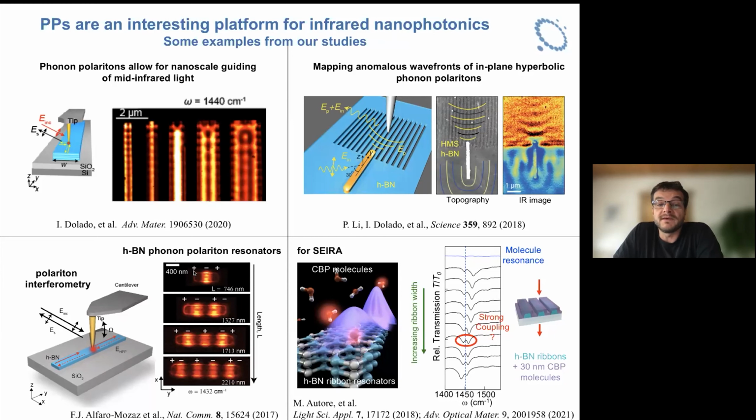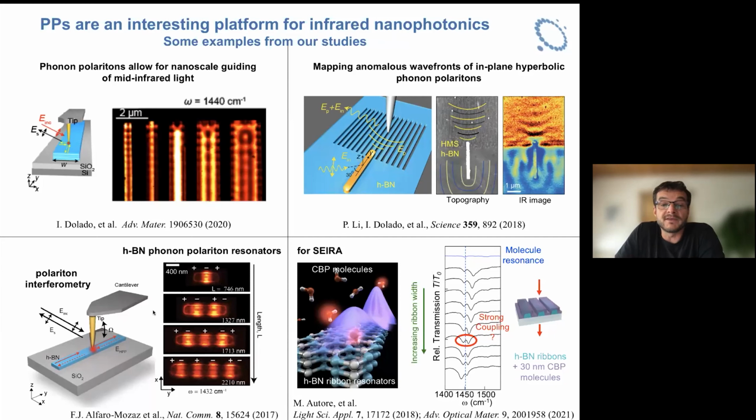For the short cavity, the resonator, we see a bright spot at the edge to the right. And then in the center, this corresponds to a second-order dipolar mode. It's actually a kind of dark mode that would not be excited by far-field illumination just because of symmetry.